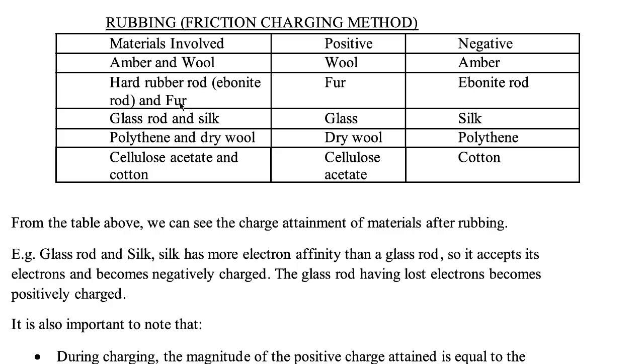Then the cellulose acetate and cotton. What happens here? The cotton has higher electron affinity than cellulose acetate, so the cotton will accept electrons from the cellulose acetate, and then the cellulose acetate will be positive, and the cotton negative. And all this revolves around the concept of the triboelectric series, right?